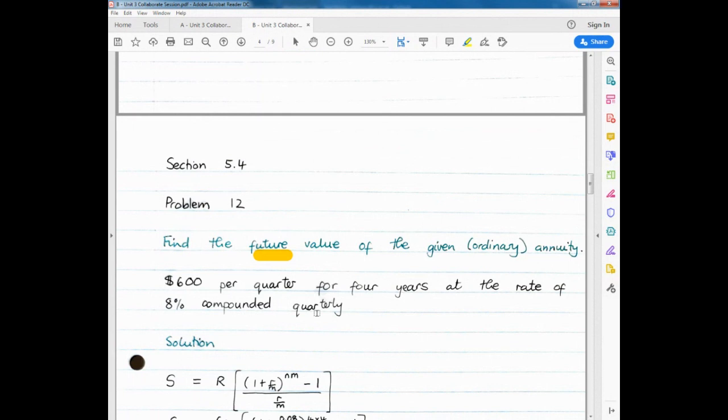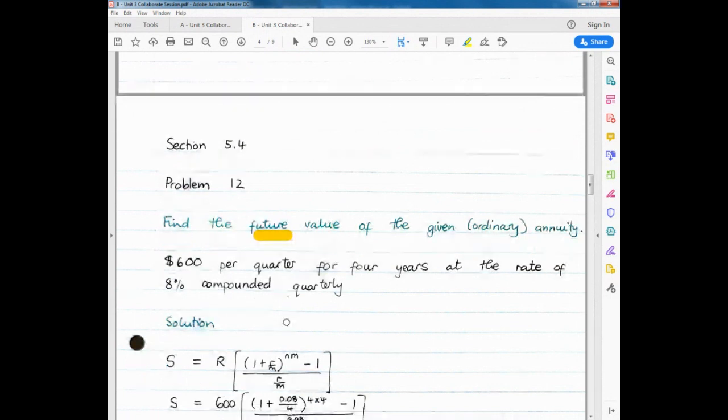So now what you want to evaluate is a future value. And in terms of future value, this is the formula that you use. S, which is the future value, is equal to R multiplied by 1 plus the interest rate divided by M to the power of N times M, minus 1, divided by the interest rate.